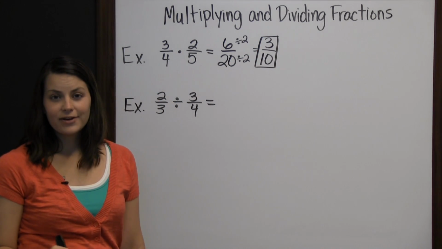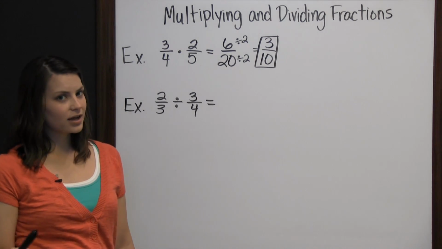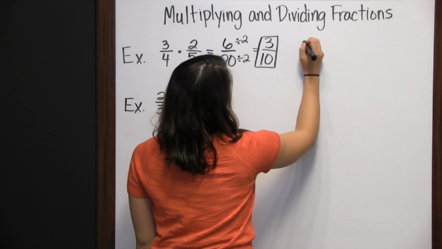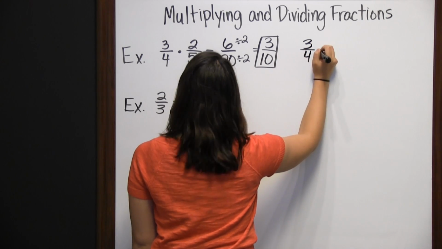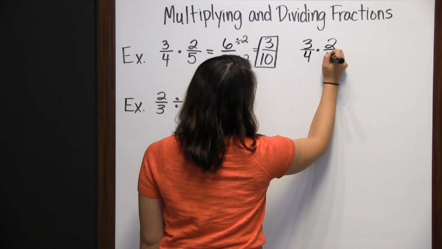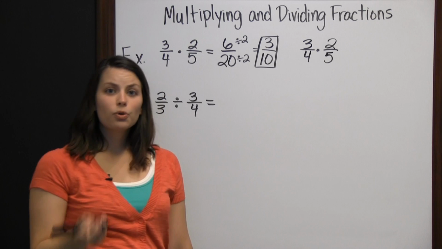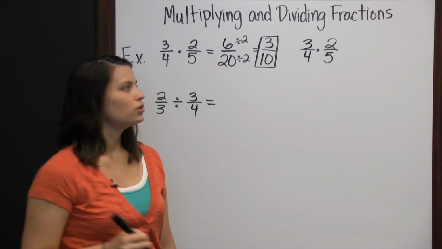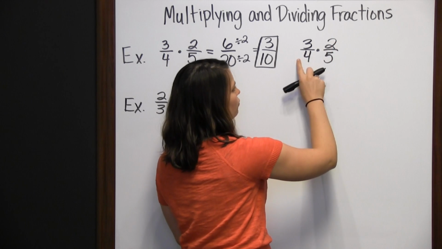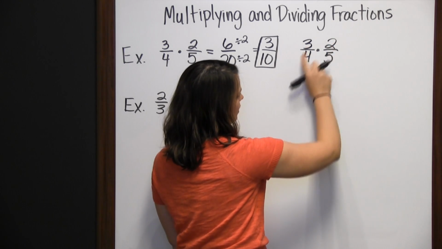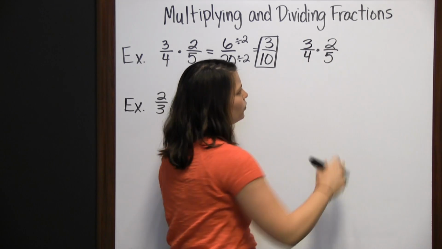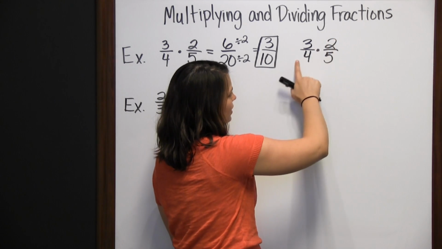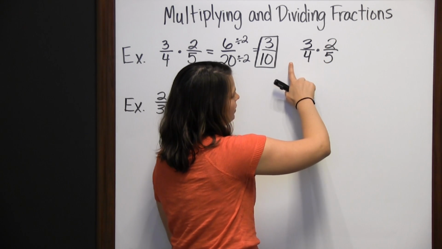Now there is somewhat of a trick or a shortcut when multiplying fractions, so I'll show you that. 3/4 times 2/5. When you're multiplying fractions, before you multiply, look and see if you can cross cancel. When you're cross canceling, you're looking at a numerator and a denominator.